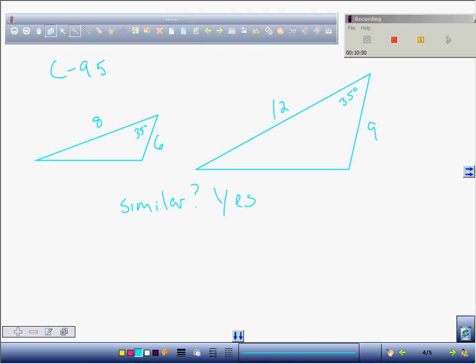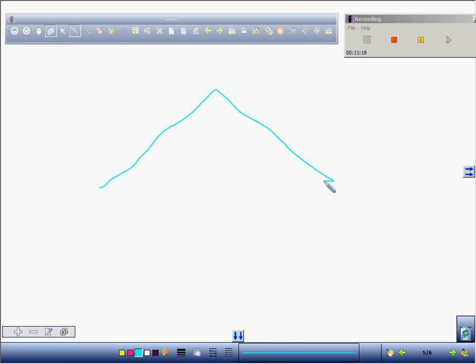Now, some applications of this. You're going to see some problems in your homework that could be a little bit tricky because you have to mess with these triangles, and I'm going to try to draw a right triangle as best as I can. A big right triangle, kind of like this.